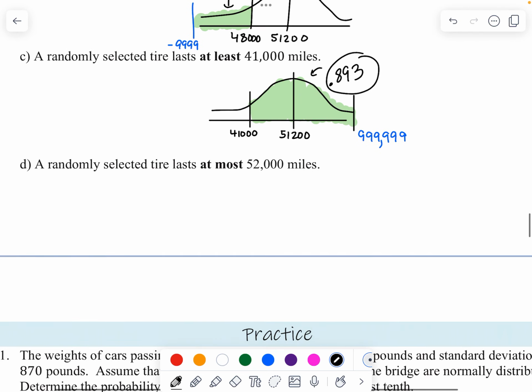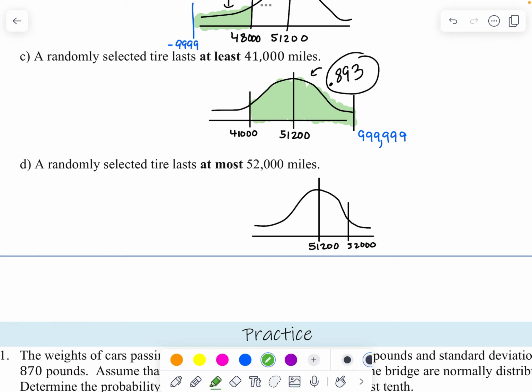And then this last one, 52,000, but we're being asked what's the probability that a tire lasts at most 52,000. So again, I just don't have room, but that would be a little bit bigger than the average. And at most would mean that is the most amount of time we want the tire to last.